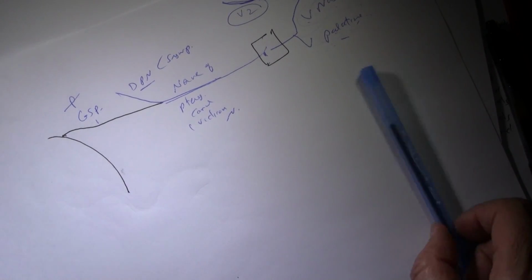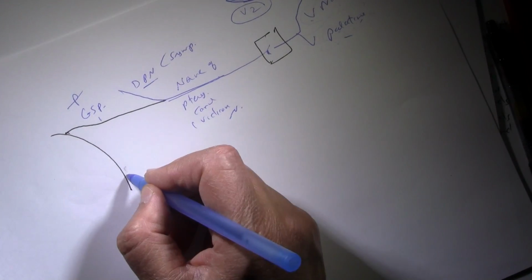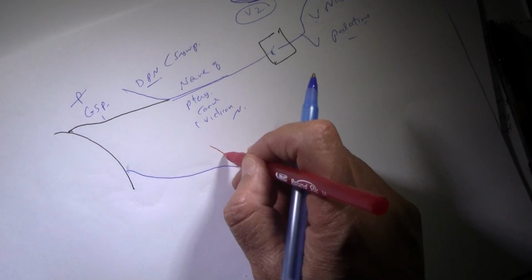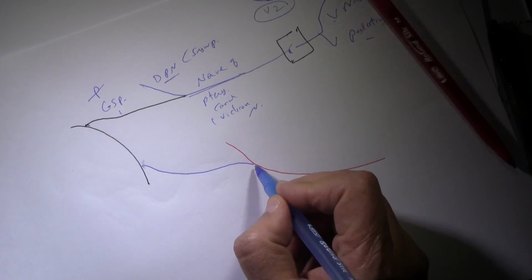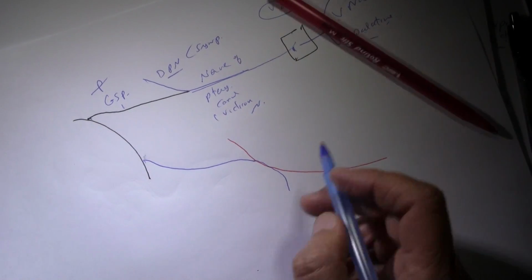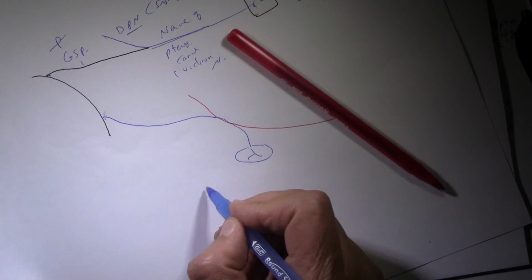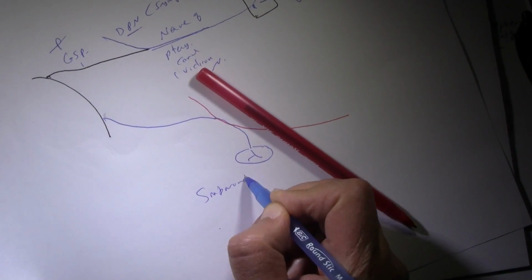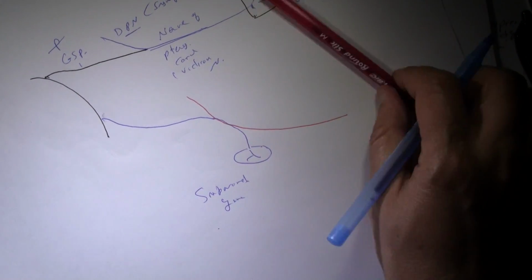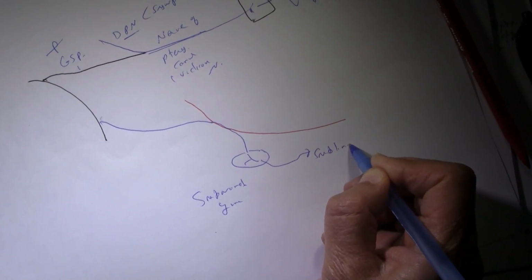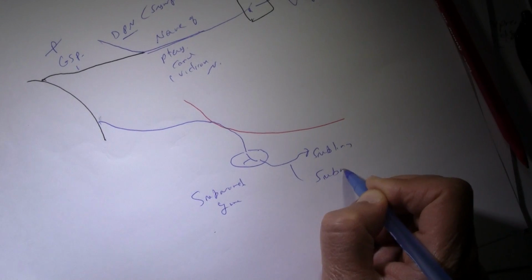Chorda tympani nerve. The chorda tympani nerve is coming out and going to join the lingual, and from there it is going to leave the lingual and go to the submandibular ganglion, and from there postganglionic fibers are going to the sublingual gland and submandibular gland.